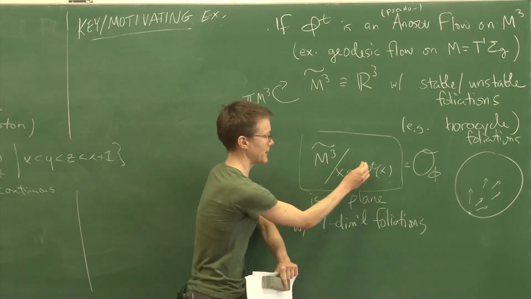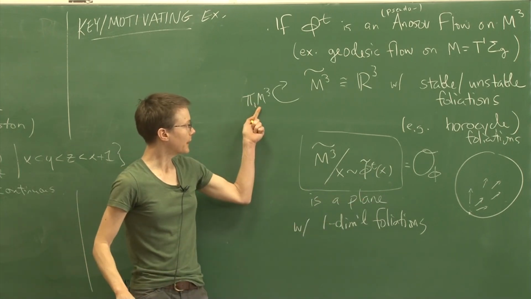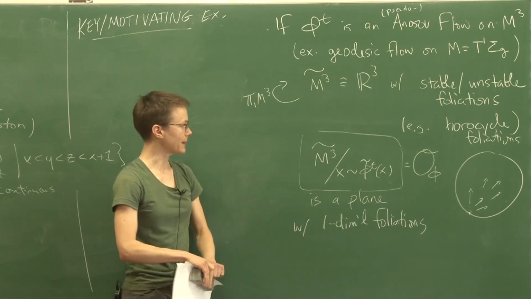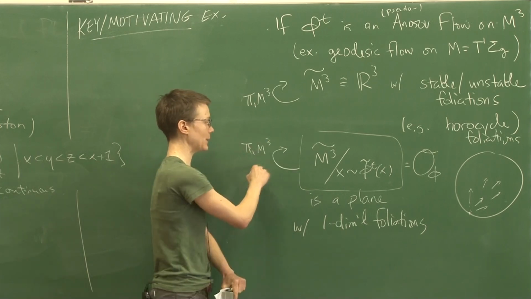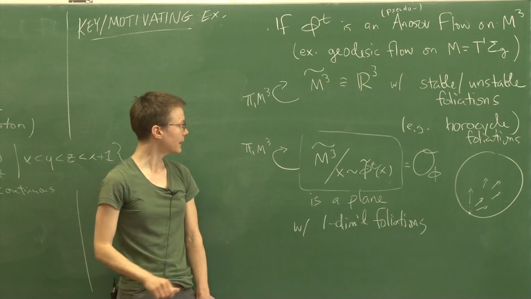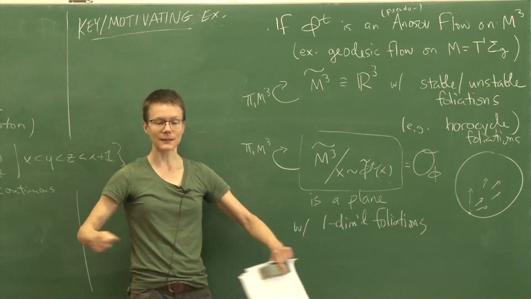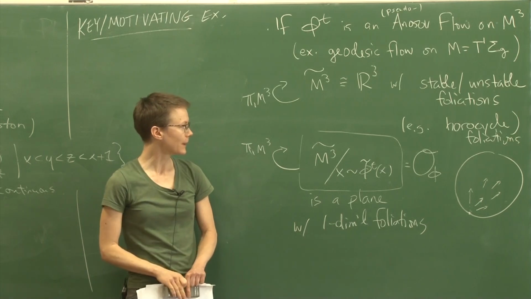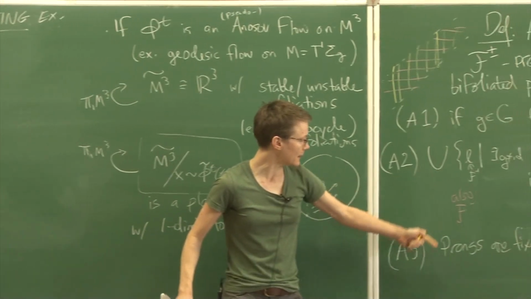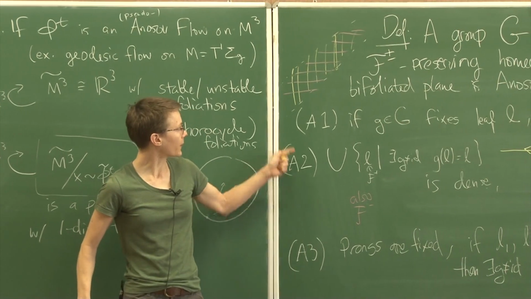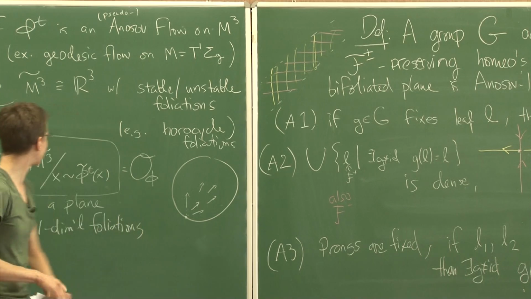I guess here I'm sort of abusing notation. The flow is on the manifold, but I can lift it to the universal cover. So this action descends to the orbit space. We get an induced action on this bifoliated plane. And the expansive contraction type behavior for Anosov flows gets promoted to this kind of hyperbolicity in the axioms for Anosov-like group actions.